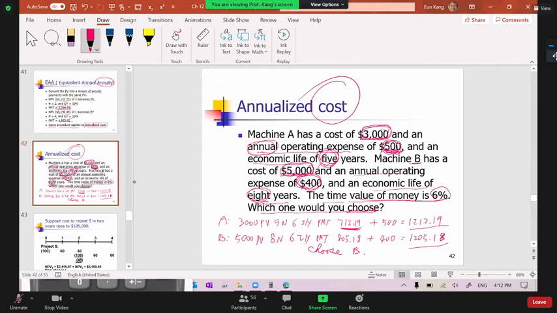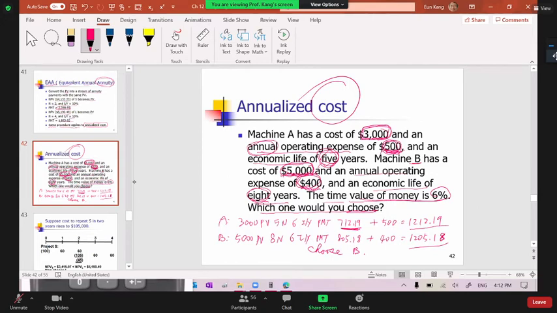No, what I'm saying is, it does not depend on longer life or shorter life or whatever. You may have intuition that even though cost is high, annual operating expense is low, then that's better. No, it all depends on numbers, right?